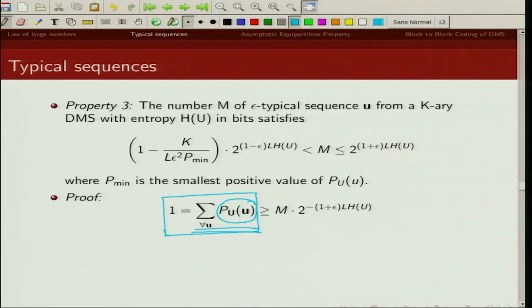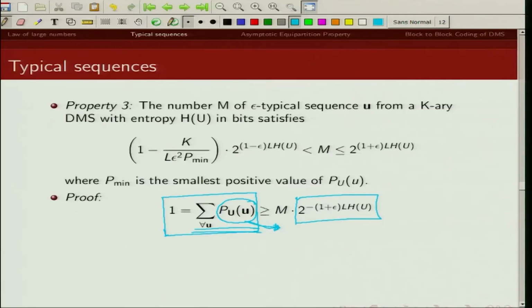So if I replace P(u) by its lower bound, which is this quantity, and sum over all typical sequences, then this summation would be less than 1. Because I am replacing this by a lower bound on the probability of u for typical sequences, and the number of sequences will have typical sequences as well as non-typical sequences.